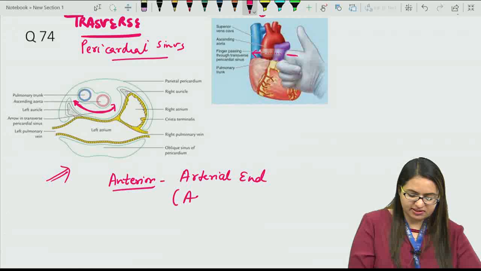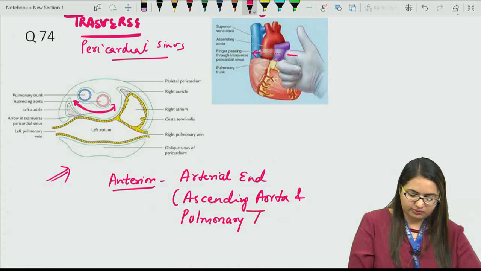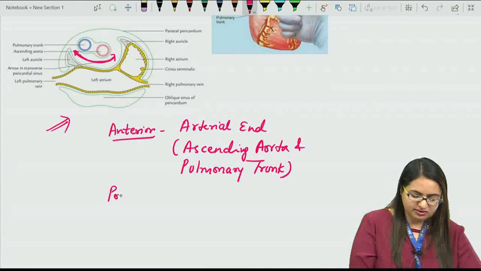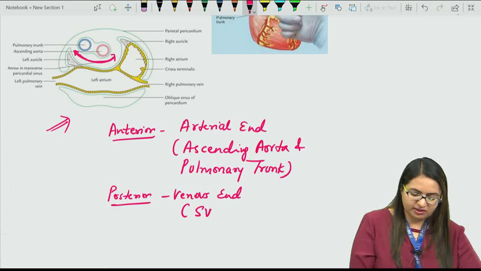Towards the anterior side of the sinus, we have the arterial end, which includes the ascending aorta and the pulmonary trunk. Then towards the posterior side, the venous end is there, which includes the superior vena cava.